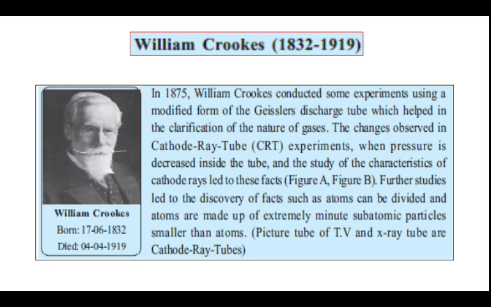The changes observed in cathode ray tube experiments when pressure is decreased inside the tube and the study of the characteristics of the cathode rays led to these facts. Further studies led to the discovery of the facts such as atoms can be divided and the atoms are made up of extremely minute subatomic particles smaller than atoms.